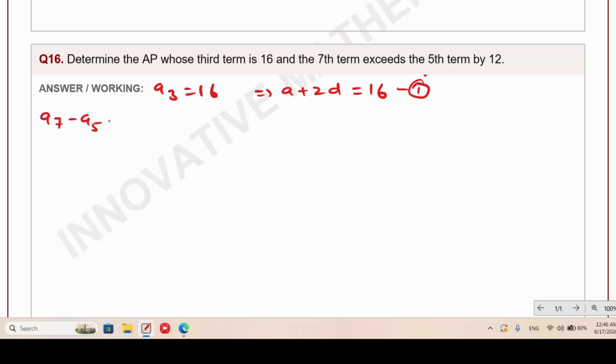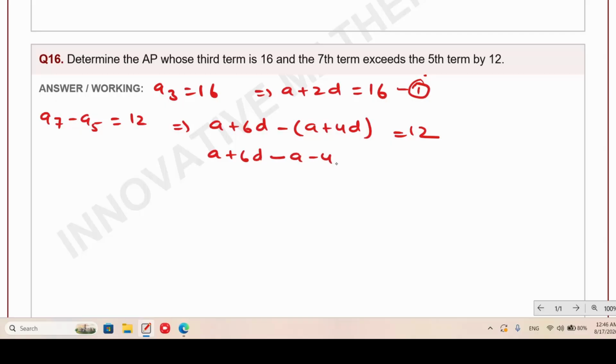A7 minus A5 is equals to 12, which means A plus 6D minus A plus 4D equals to 12. So A plus 6D minus A minus 4D equals to 12. So 2D equals to 12 and D is equals to 6.